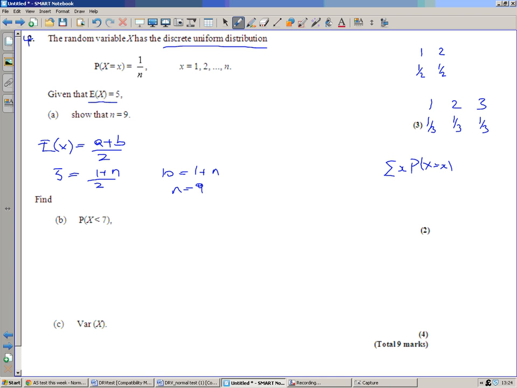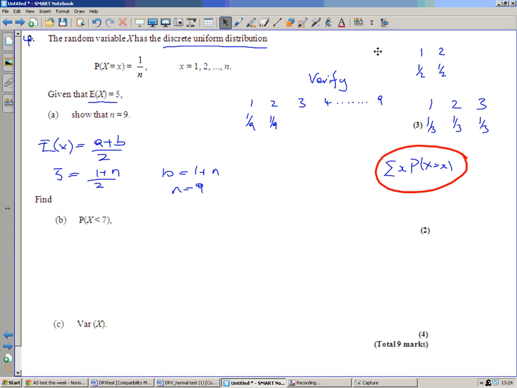Now, what a lot of people did in the exam is they drew a table. In this particular term, they accepted the idea of verify. So most people wrote out a table with the 1/9 showing, and then used the formula to demonstrate that the expectation was equal to 5.